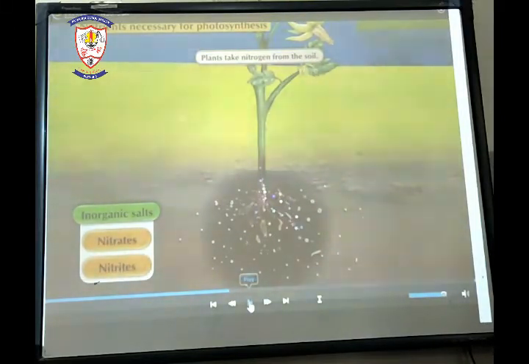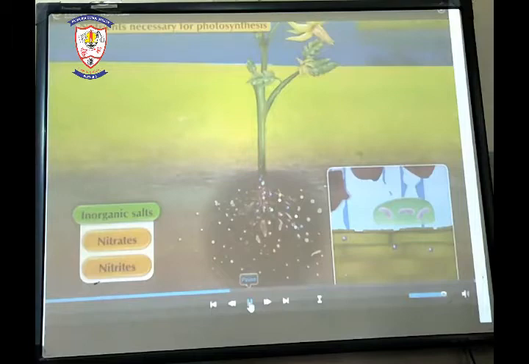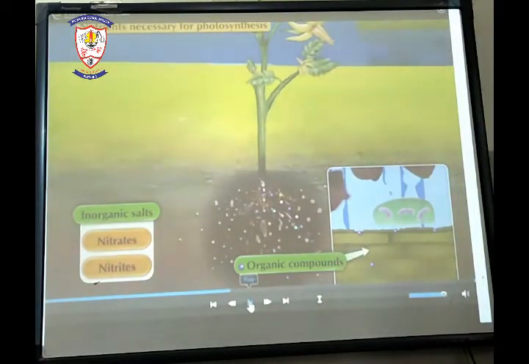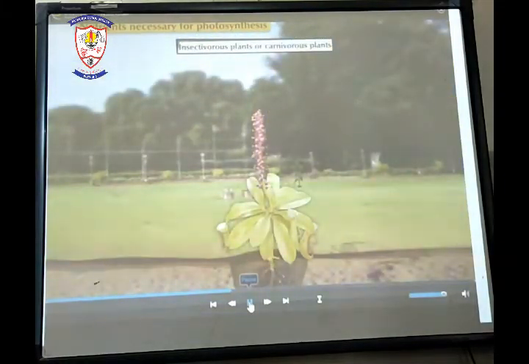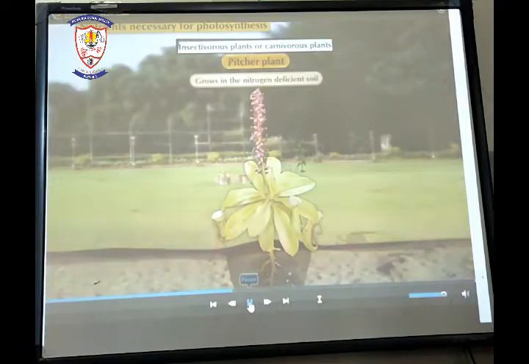So nitrogenous salts are there, nitrates and nitrites. And as we have told previously, they also absorb nitrogen in the organic compounds which are produced by bacteria. Insectivorous plants or carnivorous plants show heterotrophic nutrition. Here you can see the pitcher plant.